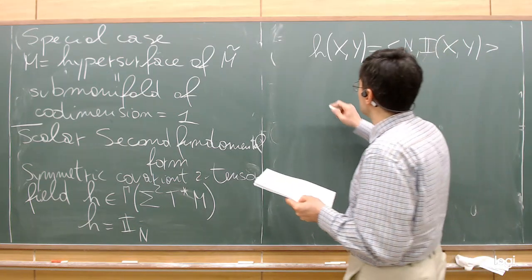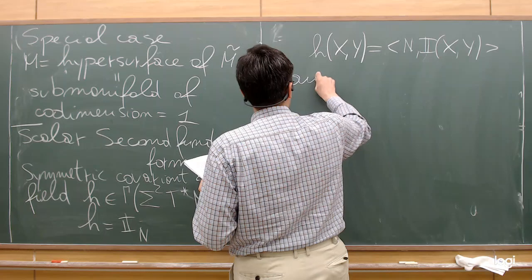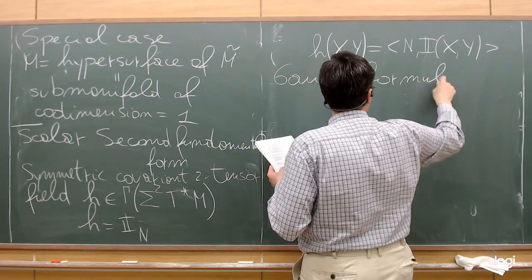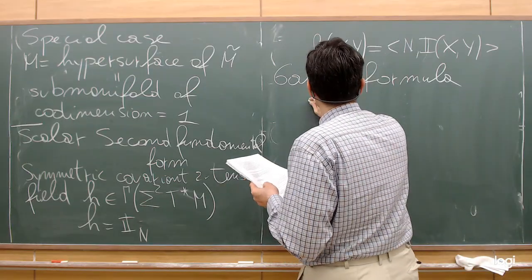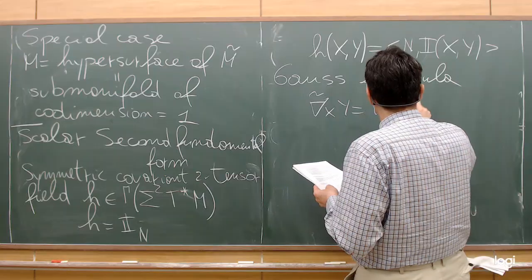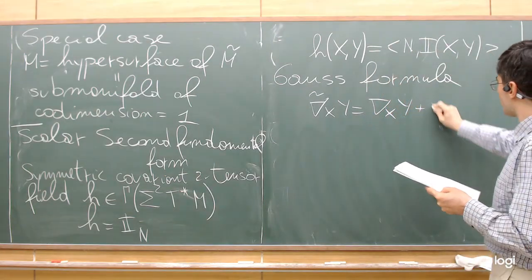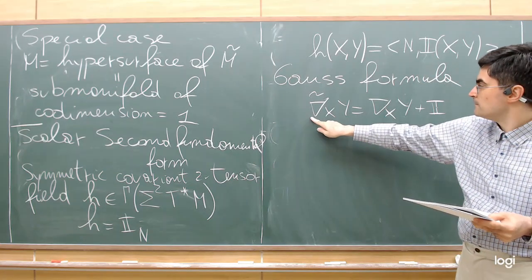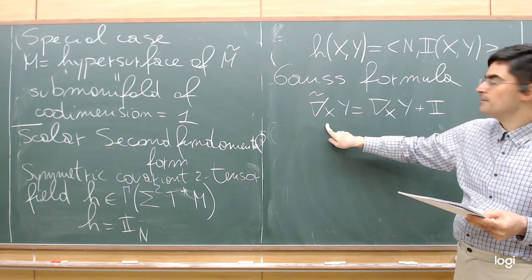We know that according to the Gauss formula, this one is the difference between this covariant derivative and this one.